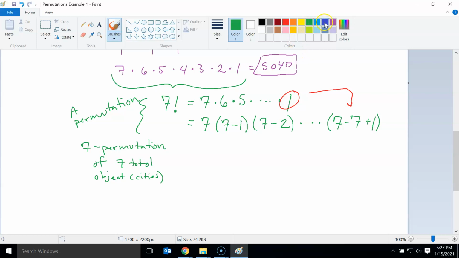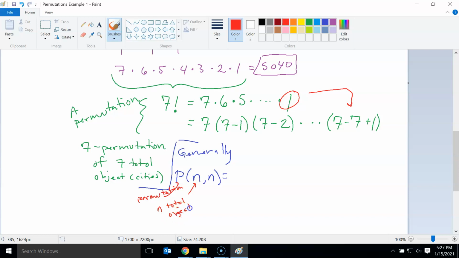All right, well, let's generalize this a bit. I'm going to introduce a notation, P(n, n). Now, this notation is going to signify that we are looking at a permutation of n total objects, and we're going to permute n of them.